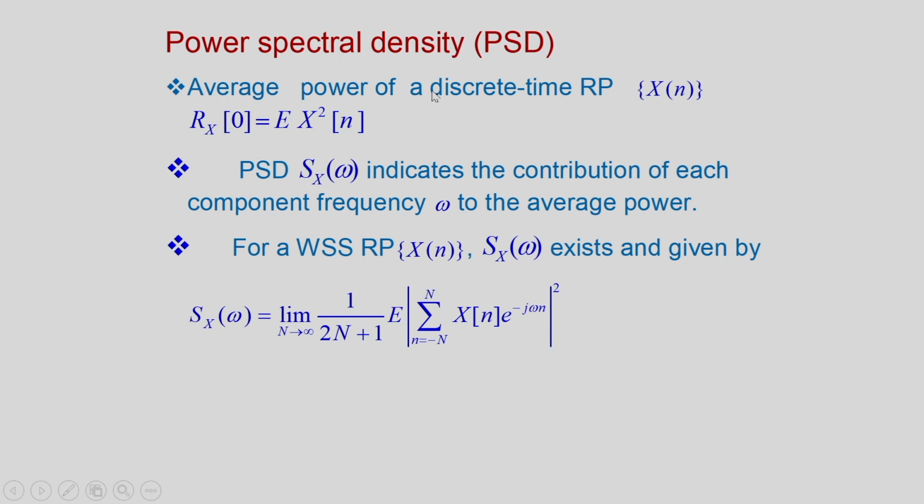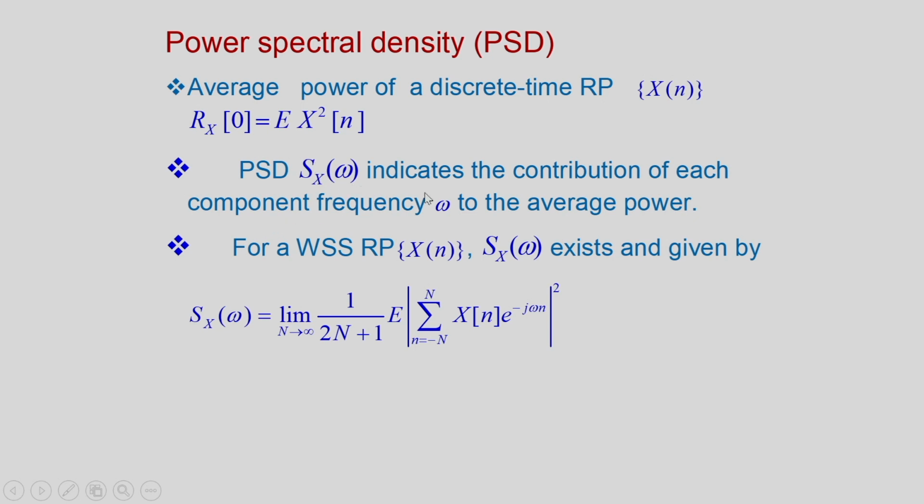First, the average power of a discrete time random process X[n] is R_x(0), as we have told earlier, that is equal to E[x²[n]]. PSD S_x(ω) indicates the contribution of each component frequency ω to the average power. This power spectral density is average power per frequency.